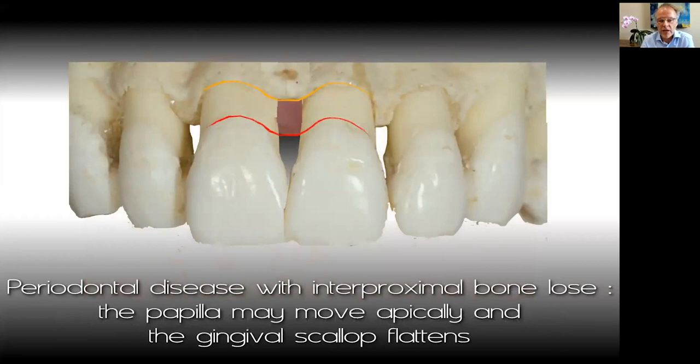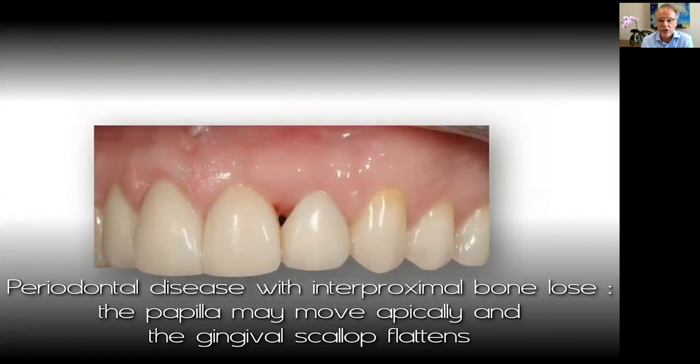So if we have periodontal disease and we have interproximal bone loss, that means we're losing hard structure support. The papilla may move apically. If it does, the gingival scallop flattens. You could just have a deeper sulcus depth, right? But if the tissue follows the bone, we have a flattened gingival scallop.